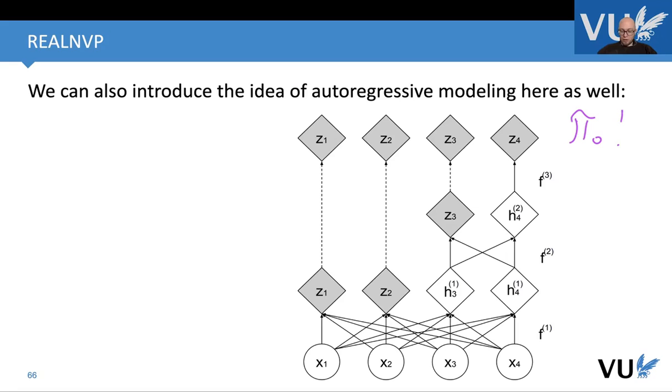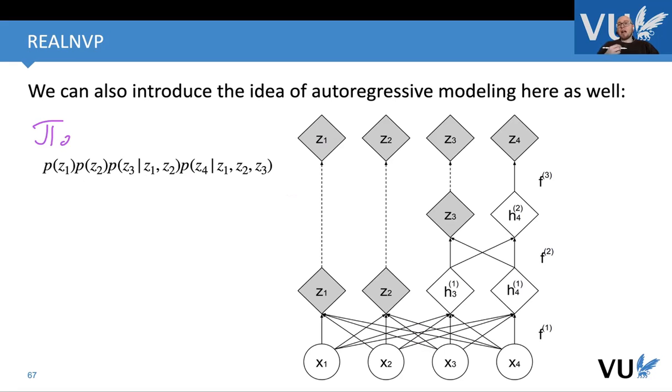Because we cut it into two pieces, and we apply f, we can model this pi 0 in an autoregressive manner.